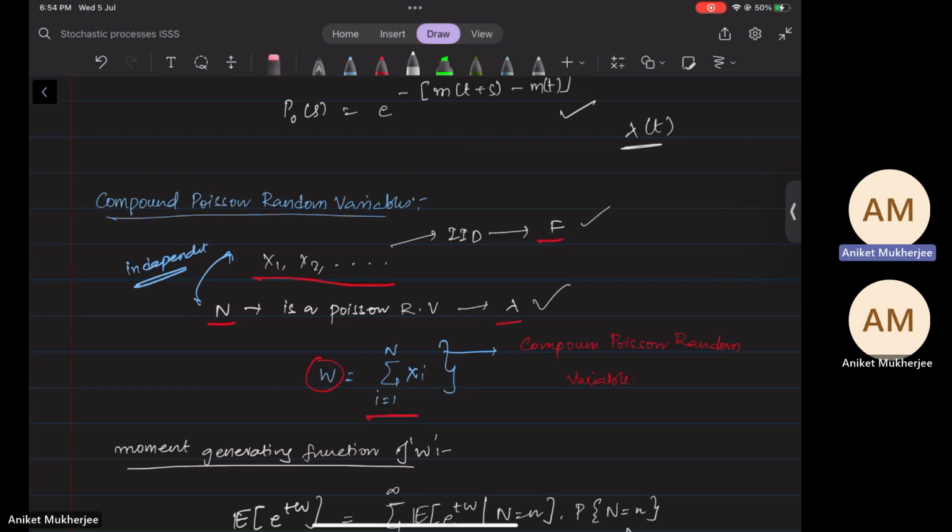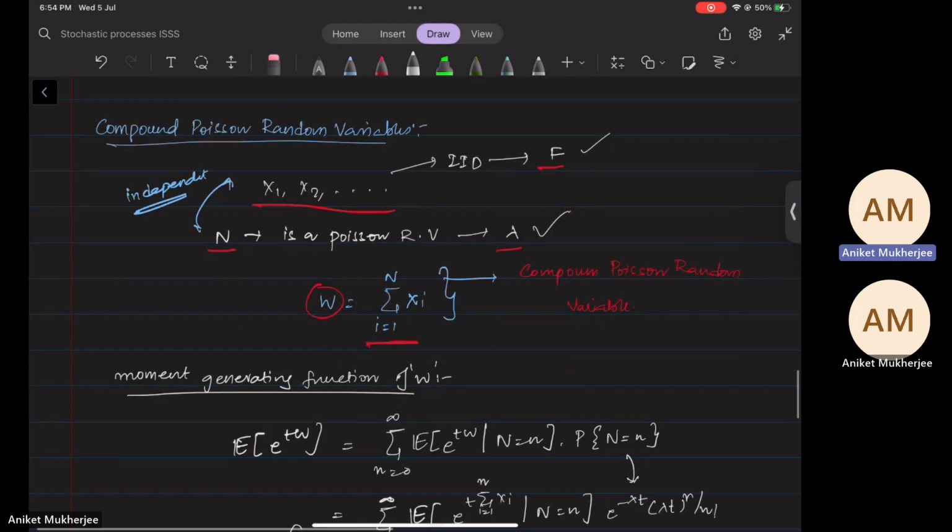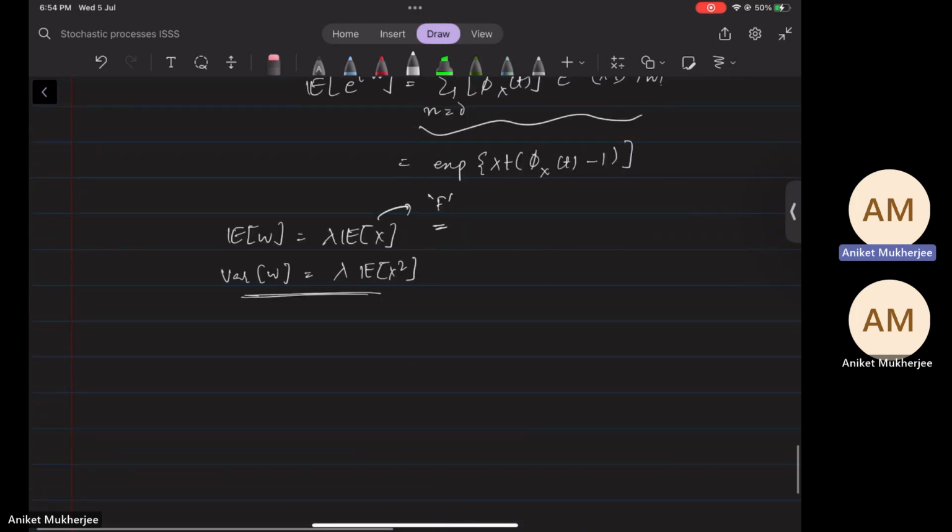So you add a random number of the IID sequence that you have, and that random number is generated by a Poisson distribution. Then you end up with a compound Poisson random variable. The expectation of the compound random variable is λ times E[X], and the variance of the compound Poisson random variable is λ times the expectation of X squared.